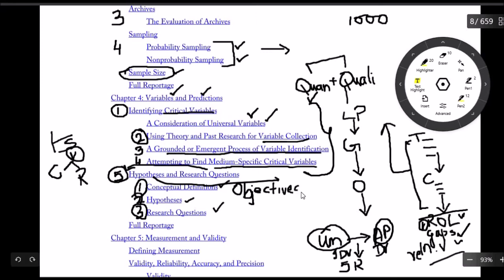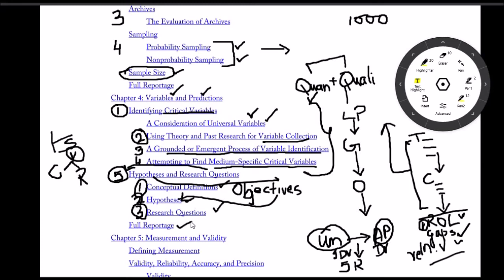So objectives also need to be understood very nicely, and we all know through quantitative studies that depending upon the objectives, I can go ahead with the hypothesis. If in my objective I do not see the presence of any hypotheses, then this particular step goes nullified for me. Okay, and the full reportage.